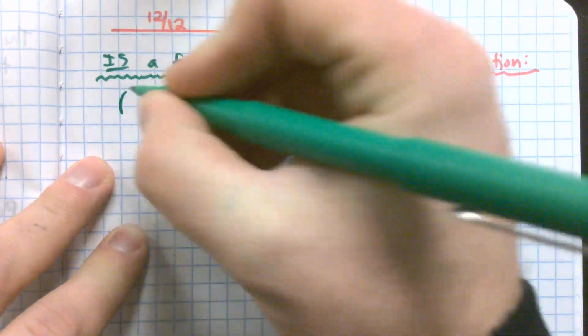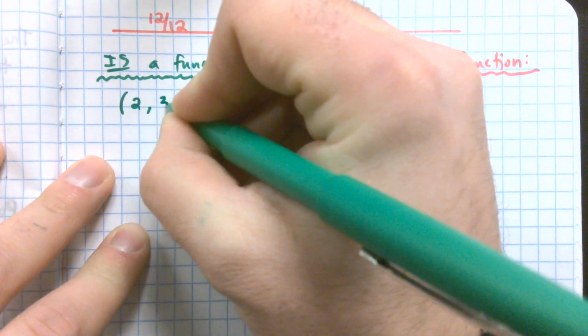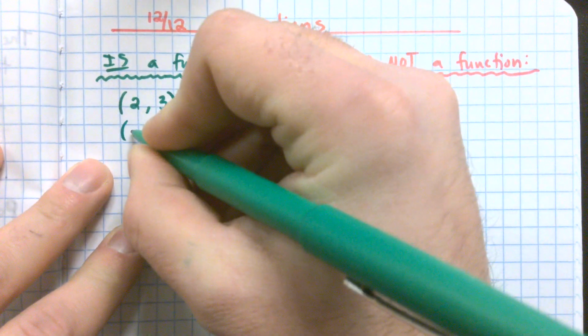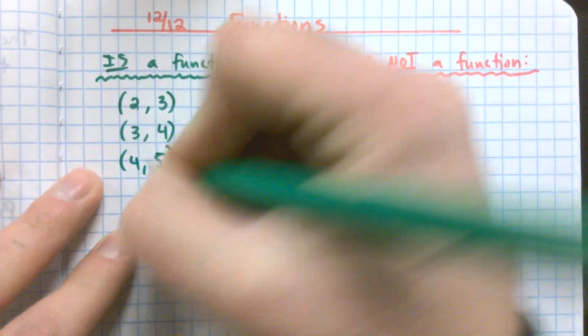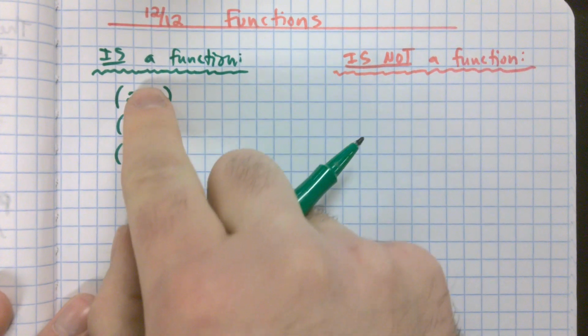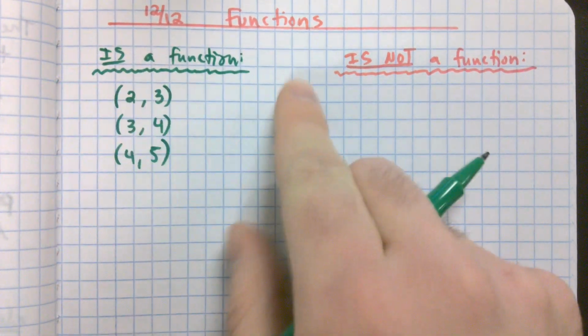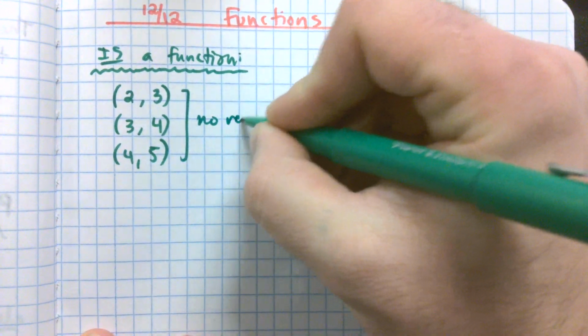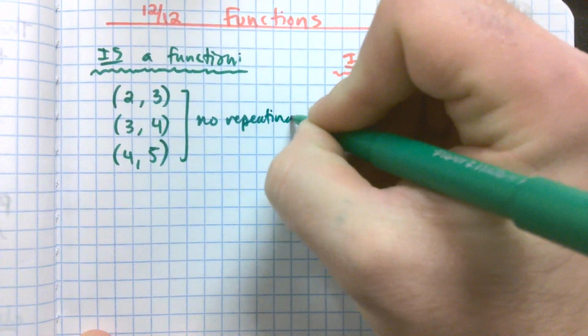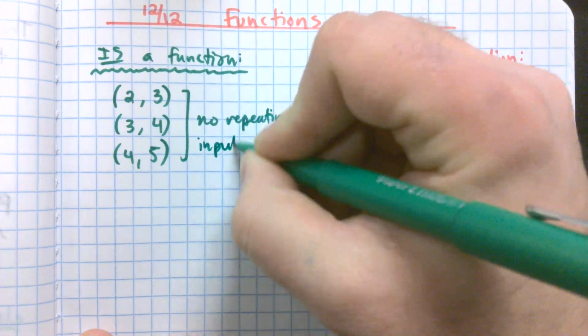Let's say we've got ordered pairs, right? If we've got 2, 3, 3, 4, 4, 5. These 3 points do represent a function because we have no repeating input.